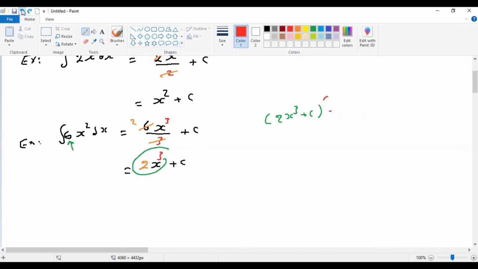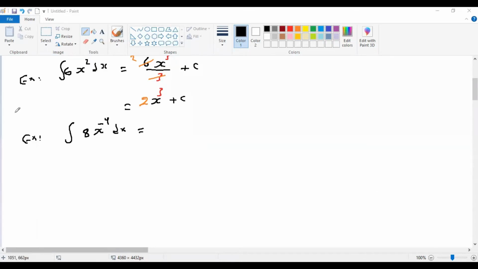Now, another example. Look here. The integral of 8 x to the power minus 4 dx equals.